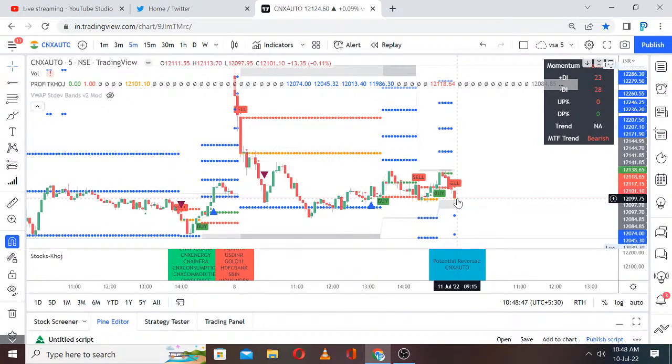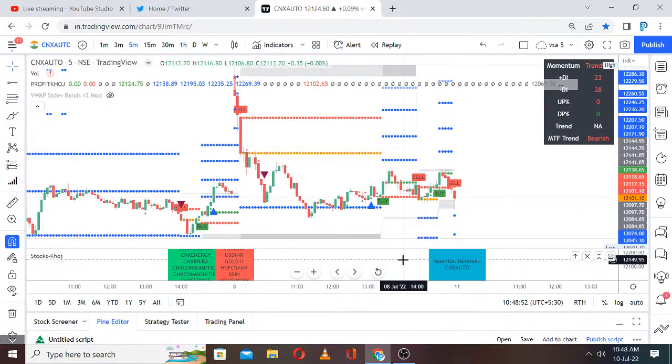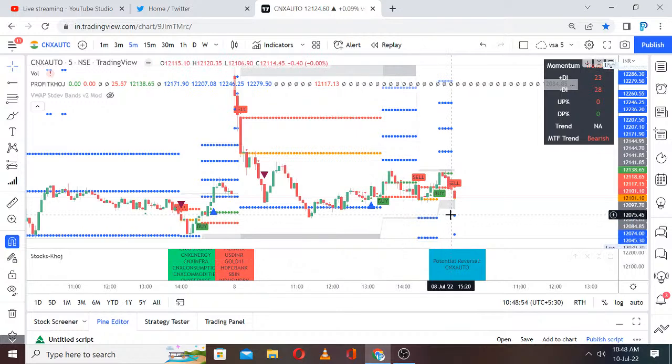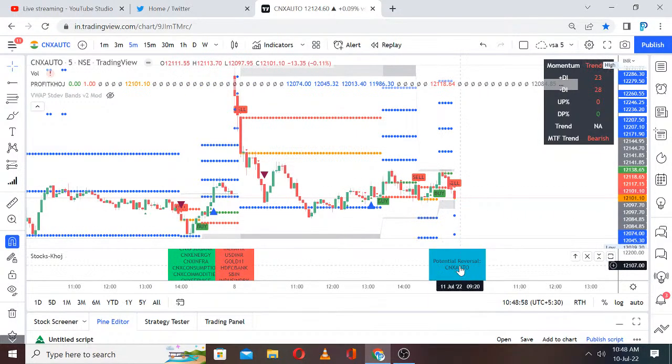So when the next candle starts forming, only then it will come in the trend change. If this candle is in progress, it will come here. So you can check the stock out immediately, as it's going to give a buy or sell signal. So this is what a potential reversal is.